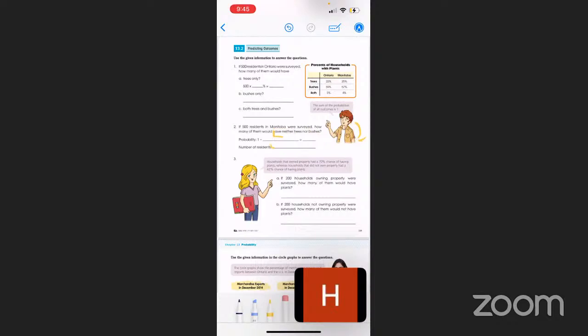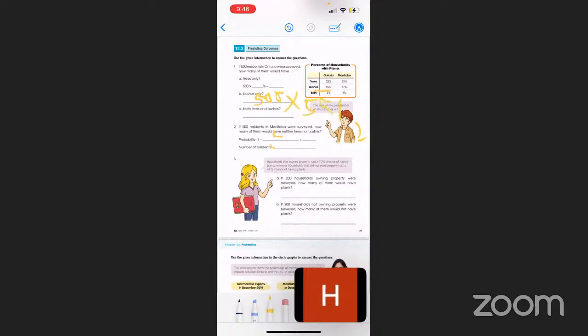Okay, in Ontario. So what about bushes? So bushes, okay, so 500 people. Same thing, we have to multiply by the percentage that have bushes. So what is the percentage in Ontario that have bushes? 59.